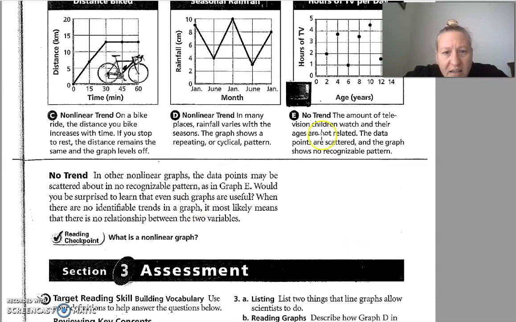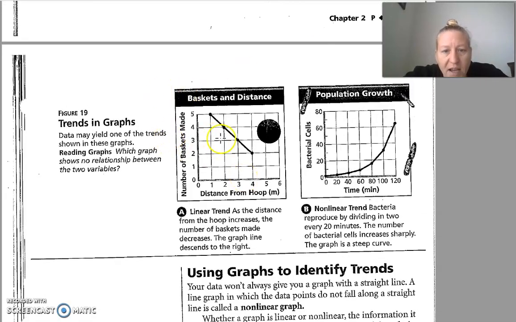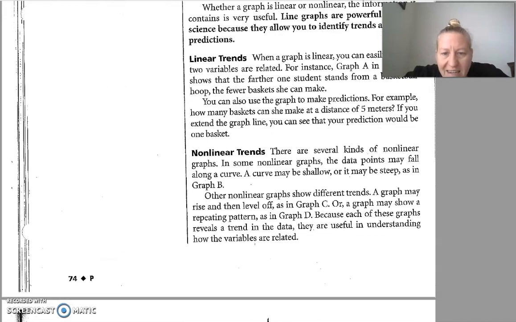Let's see, where is that at? Okay, it's up here. So at 5, you would extend the line down and say, oh, she can make 1 basket. That's how you would use that graph.